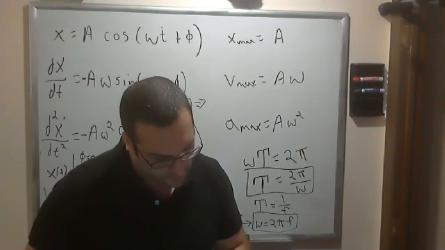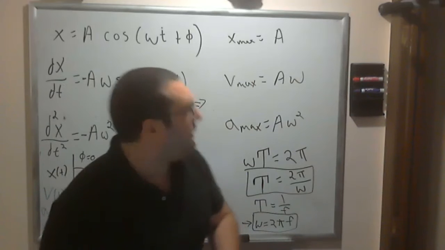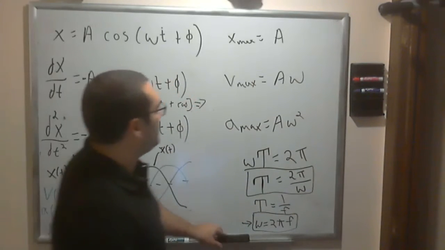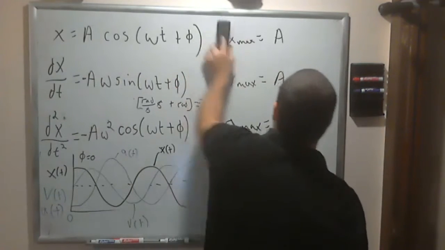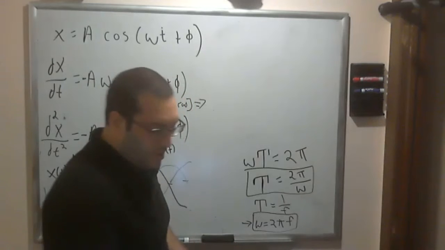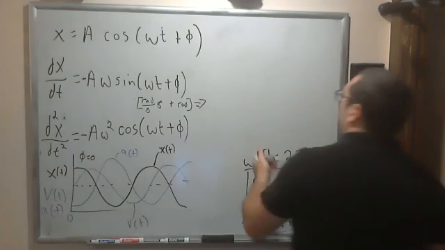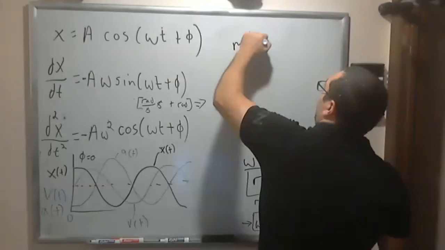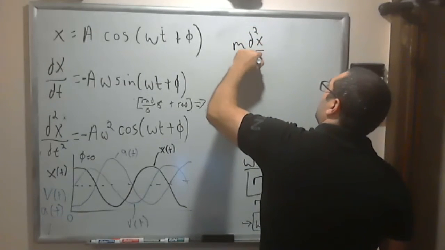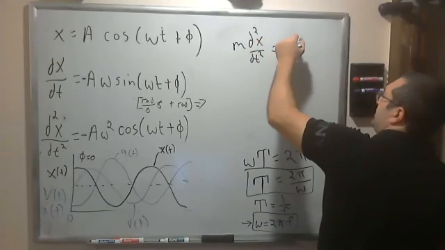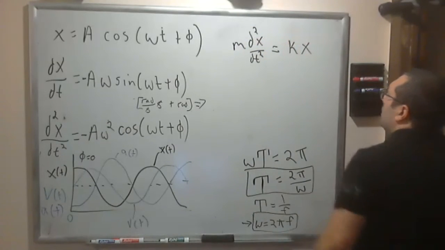Now, it's important to note, when do we have simple harmonic motion? What type of force do we need? Well, what type of force did we get with the spring? With the spring, we had m times the acceleration is equal to kx.